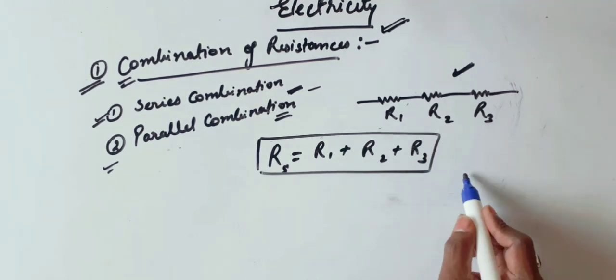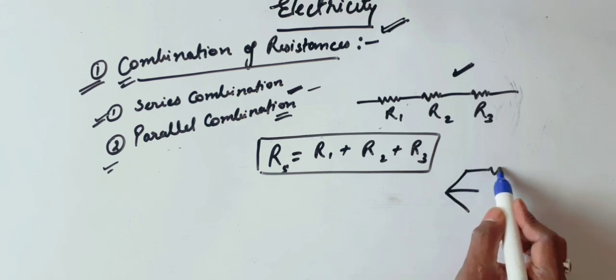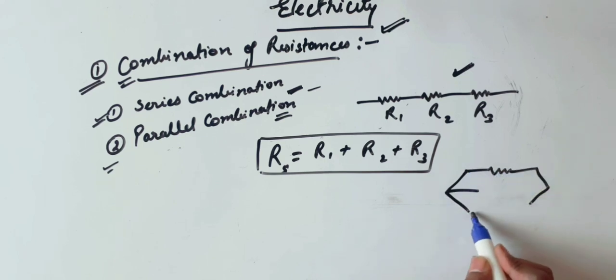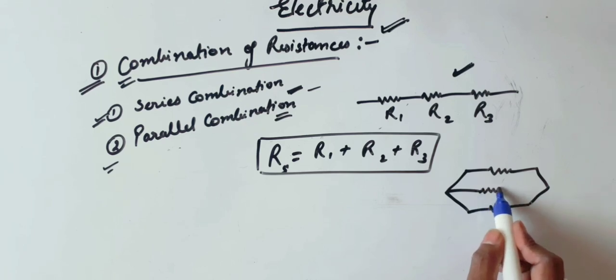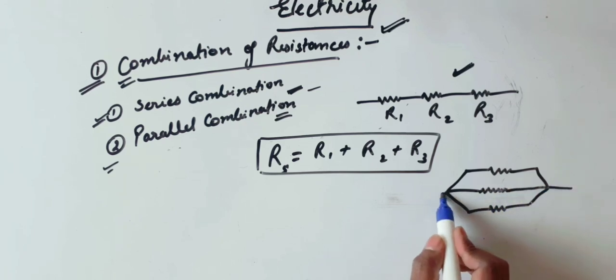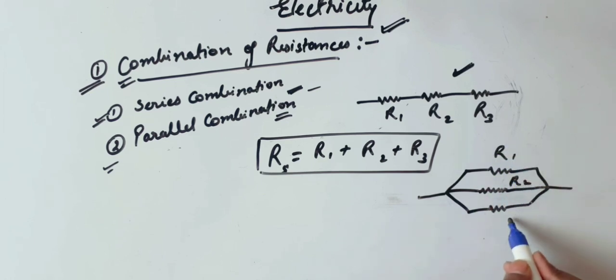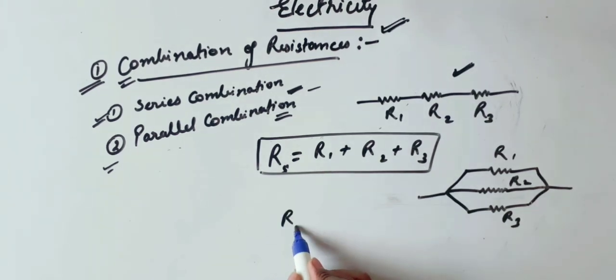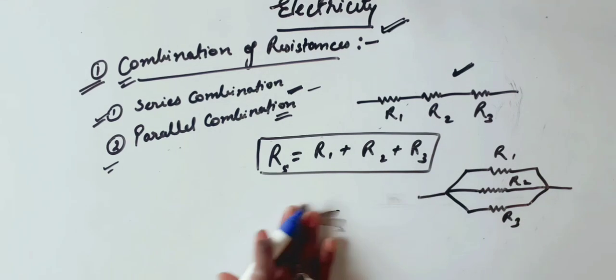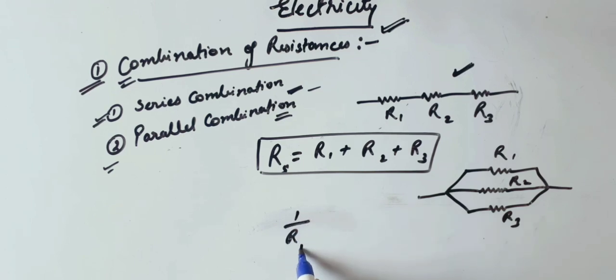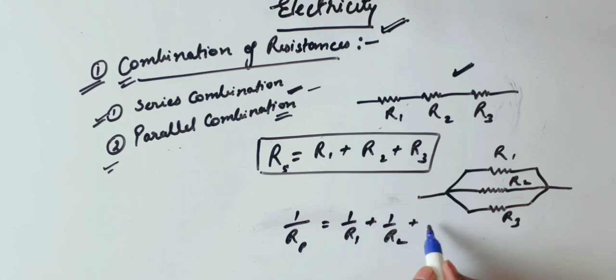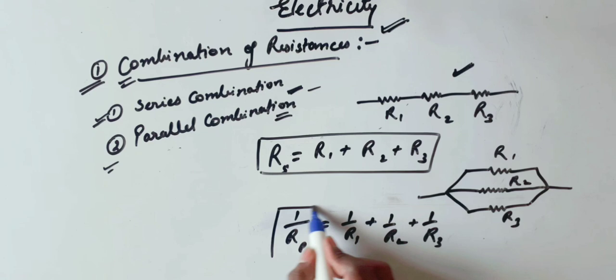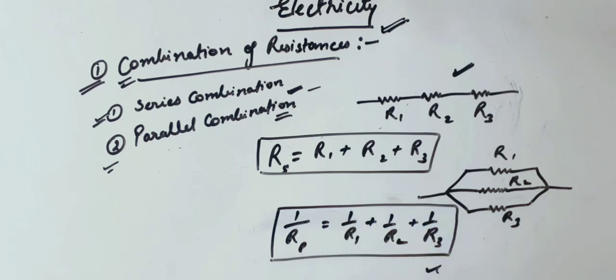But if these resistances are combined in a parallel combination, in such a way that all resistances are parallel to each other, this is R1, R2, and this is R3, then the total resistance in parallel is given by 1 upon R parallel equals 1 upon R1 plus 1 upon R2 plus 1 upon R3. This formula is applied in parallel combination.